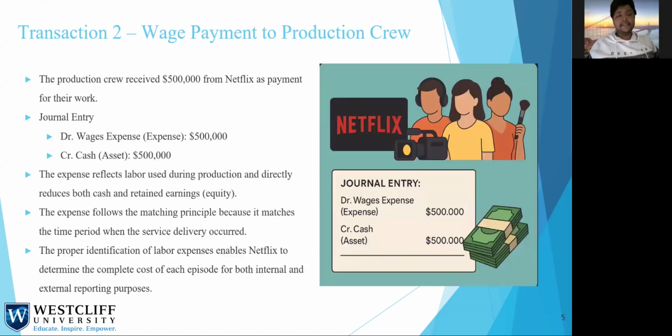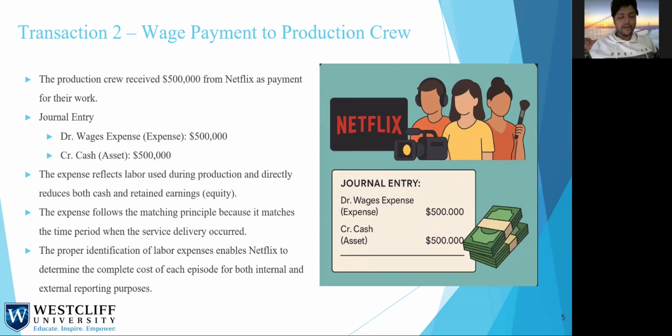The next slide is the wages payment to the production crew. This second transaction is focused on labor cost. Netflix paid $500,000 in wages to the production crew after filming was completed.